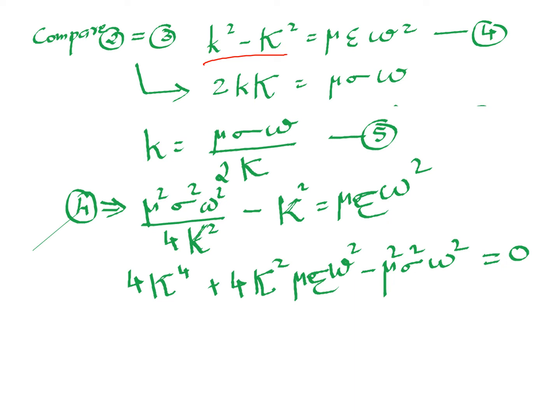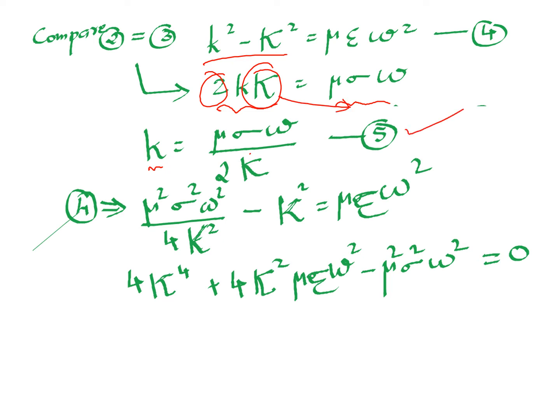And the next part gives 2k kappa is equal to mu sigma omega. This can be rearranged, that is k equal to mu sigma omega divided by 2 kappa. So take this 2 and kappa to the other side. Let this be equation number 5.